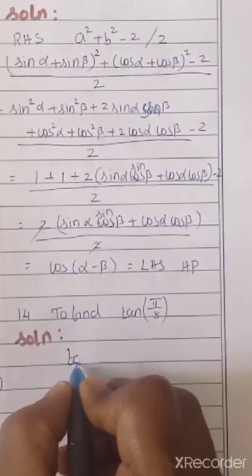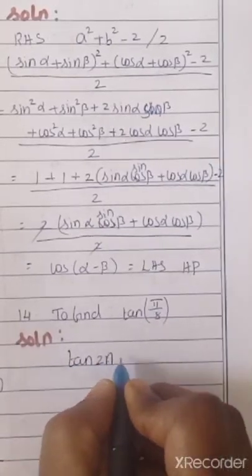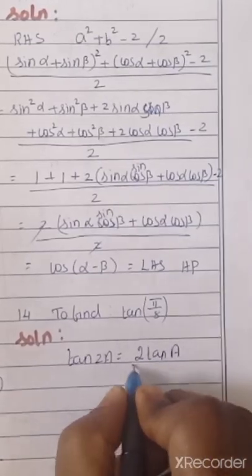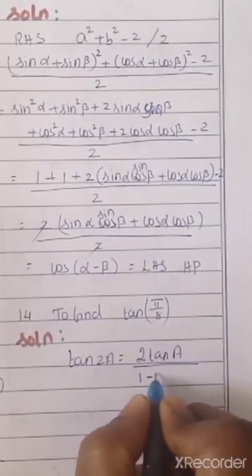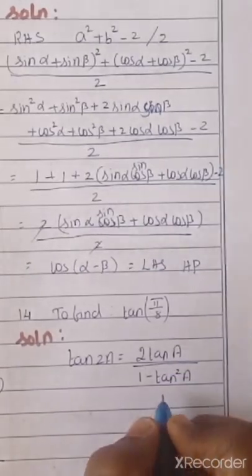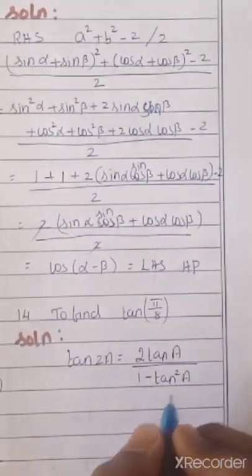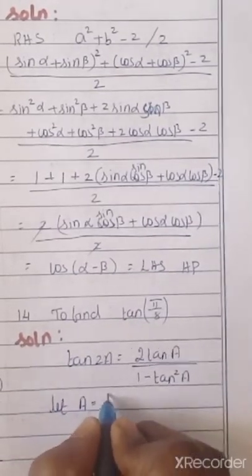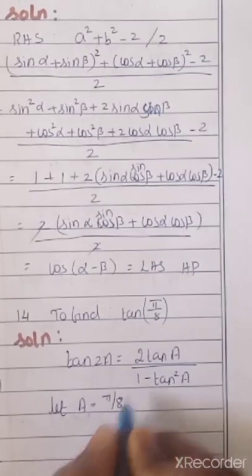What is the tan 2a formula? Tan 2a equals 2 tan a by 1 minus tan square a. That is the formula. So what we are going to do is, let a equal to pi by 8.